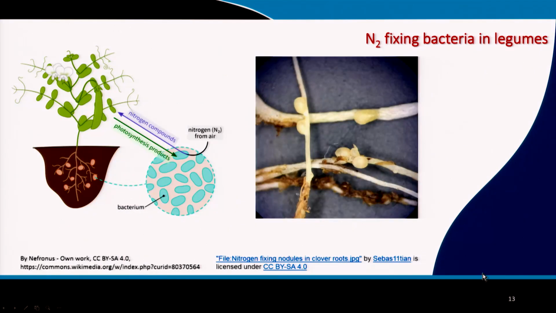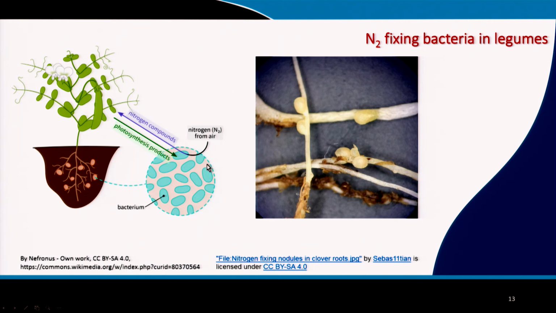So here we have some graphics about nitrogen fixing bacteria in legumes. These nitrogen fixing bacteria can be present in both leguminous as well as non-leguminous plants, and what you see here in the first graphic are the nodules which contain the bacteria that infect the root system of these plants.